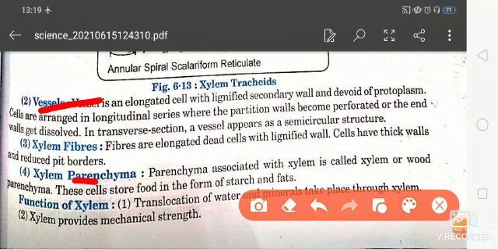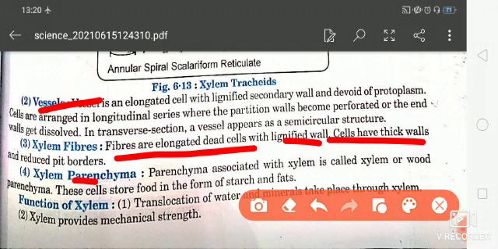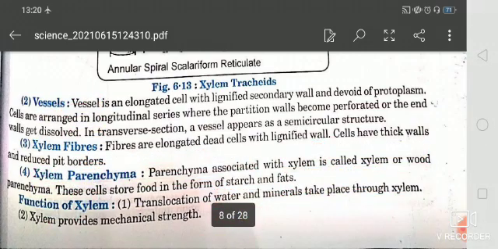Xylem fibers are elongated dead cells with lignified walls, as you are seeing in the given diagram, and the cells are thick walled with reduced pit borders. Xylem parenchyma is associated with xylem, called xylem or wood parenchyma, and these cells store food in the form of starch and fats.